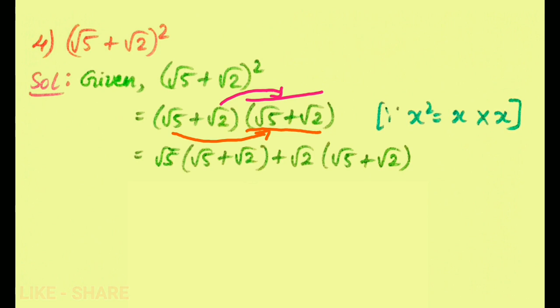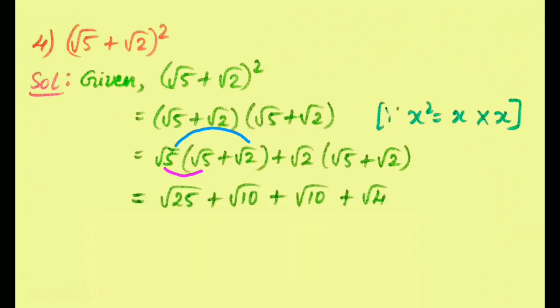Root 5 into root 5 means root of 25. Plus into plus is plus. Root 5 into root 2 means root of 10. Now plus into plus is plus. Root 2 into root 5 is root 10. Plus into plus is plus. Root 2 into root 2 is root 4.